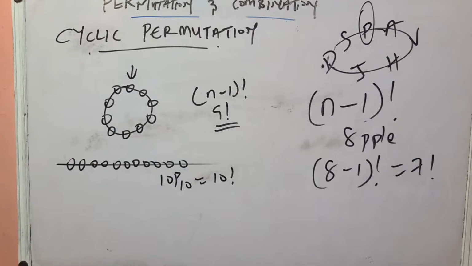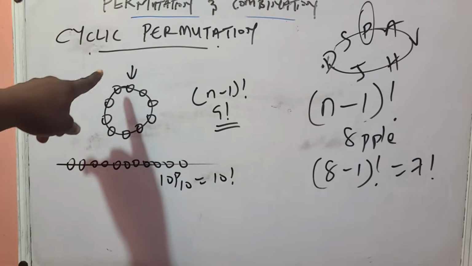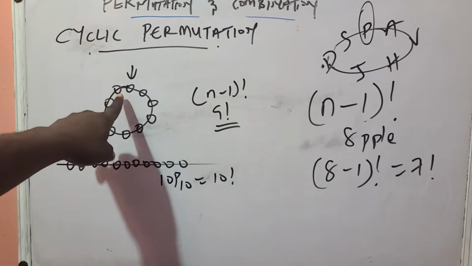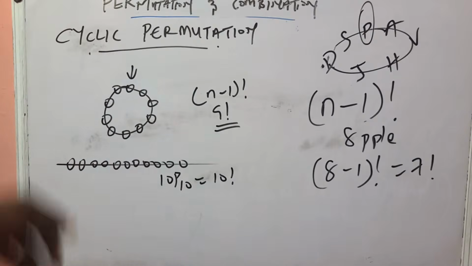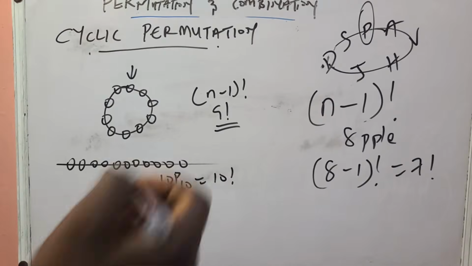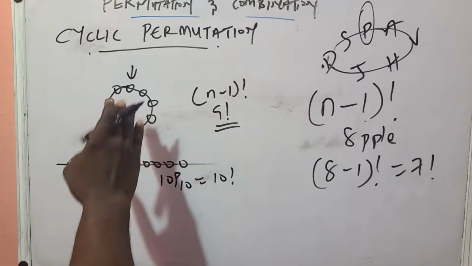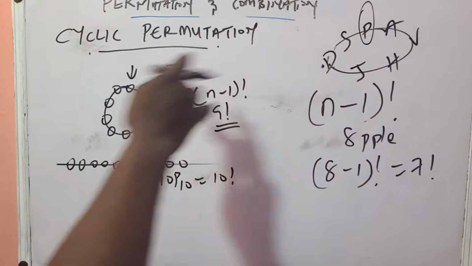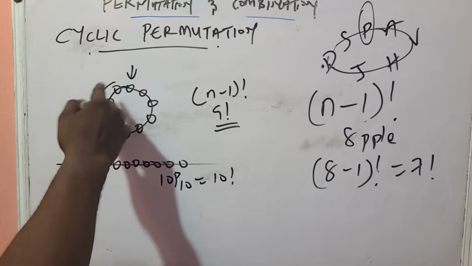Now, if you go on and consider the fact that clockwise and anti-clockwise arrangement, that means moving from this side, clockwise and anti-clockwise, if they are considered the same, that's a case where you have to divide by 2, because when you are dealing with beads, you don't permutate the way you are dealing with a circular table, because you can have an arrangement from this side.